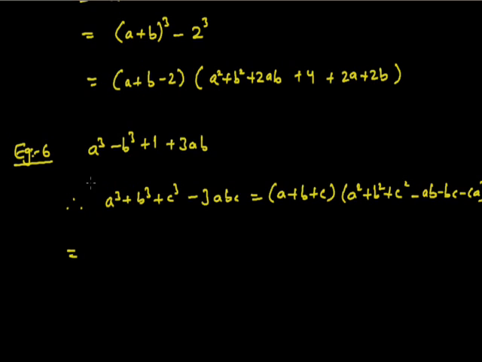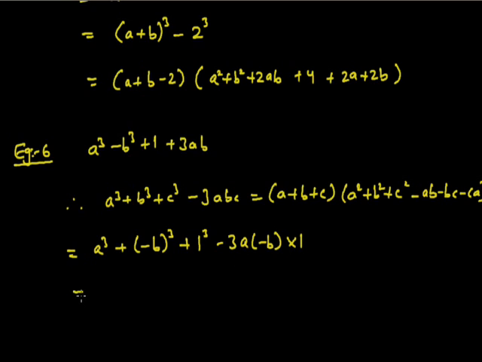The first term is a cube, the second term is minus b cube, so we can write it as minus b whole cube, and the third term is 1 cube, that is c cube, plus minus 3abc. So we use minus 3 into a, and instead of b we use minus b, because the second term is minus b, not plus b, and into 1, that is c is 1. So it's actually in the form of a cube plus b cube plus c cube minus 3abc.